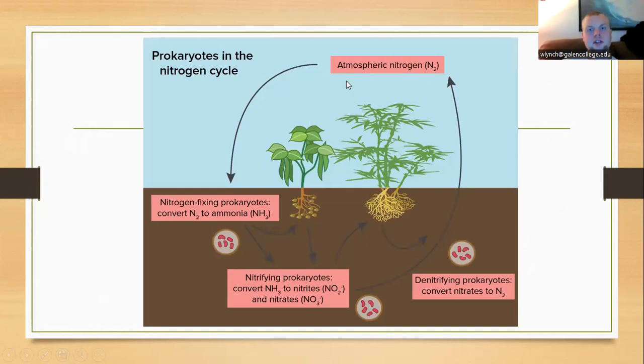We see atmospheric nitrogen here. It's going to circulate around. The nitrogen fixing prokaryotes are going to convert the atmospheric nitrogen into ammonia. Nitrifying prokaryotes convert the ammonia into nitrites and nitrates. Denitrifying prokaryotes are able to convert nitrates back into atmospheric nitrogen.